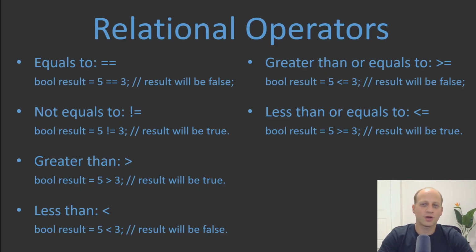This can be a char or a string or any other type that can be compared. The second one is just the opposite of equals to. Then we have 4 comparison operators that check if a value is bigger than the other value, smaller than the other value, greater than or equals to the other value, and the last one is less than or equals to the other value. Again, for every operator, the result will be always true or false.